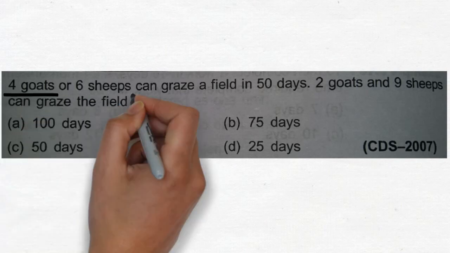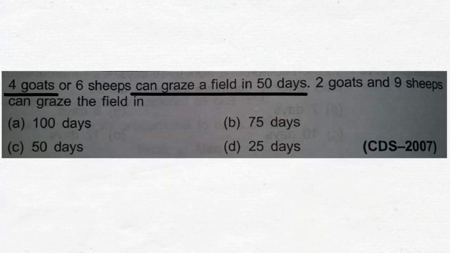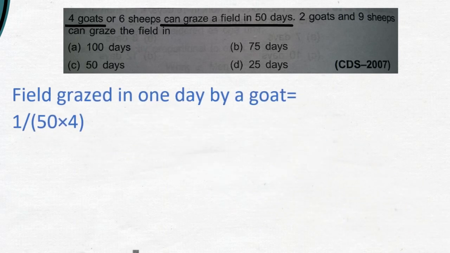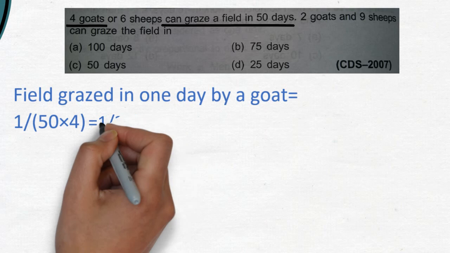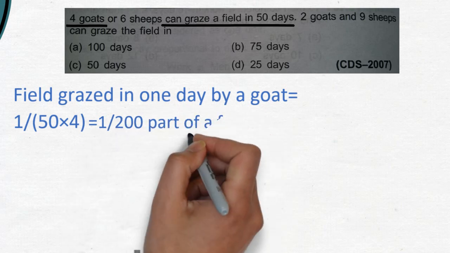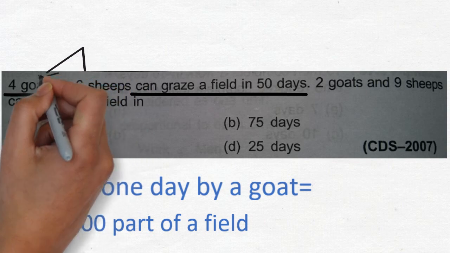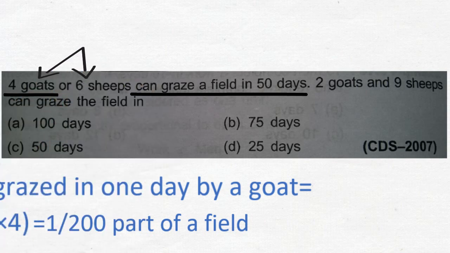As 4 goats can graze a field in 50 days, in 1 day a goat can graze 1 divided by 50 multiplied by 4, which equals 1 divided by 200 part of a field per day. And it is also given that 4 goats are equivalent to 6 sheep in terms of grazing the field.